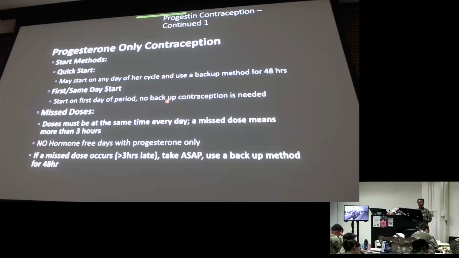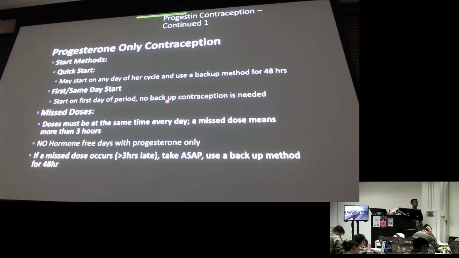When we're looking at our methods in which they can start them, very similar to what we already talked about before. So you have your quick start and you have your first or your same day start. Because there's no time off anyway of the pill, that's why you don't see the Sunday start there, right? Because the other one we had a Sunday start also. So when you're looking at your quick start, you see that you can start on the first day of whenever their menstrual cycle is, and they need to use a backup method for 48 hours, not the same 7 days that we talked about with our combined oral contraceptives.